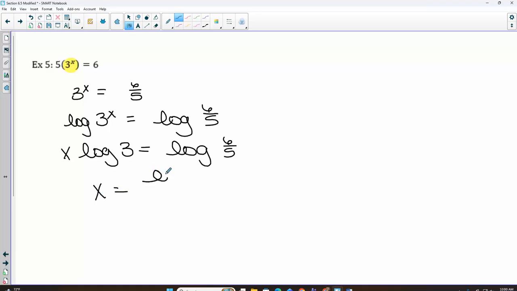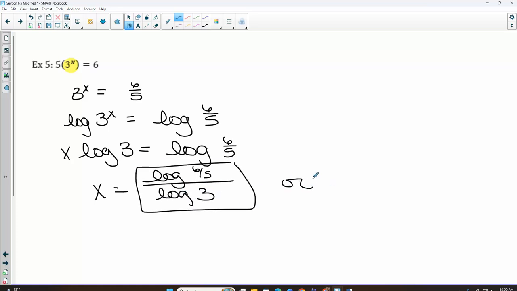So to get x by itself, we divide. We get 0.1659, so that would be 0.166.